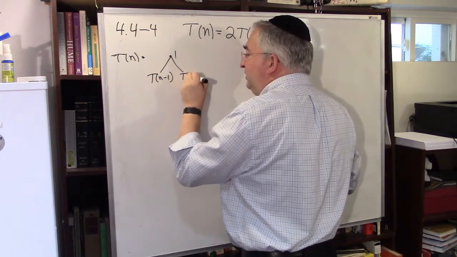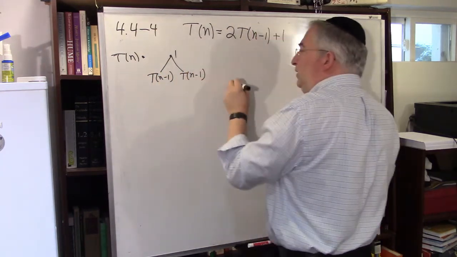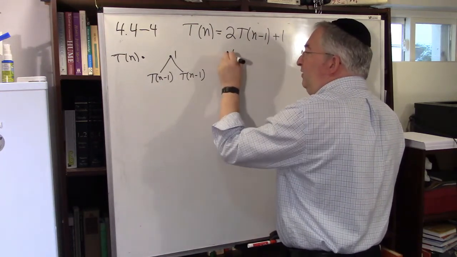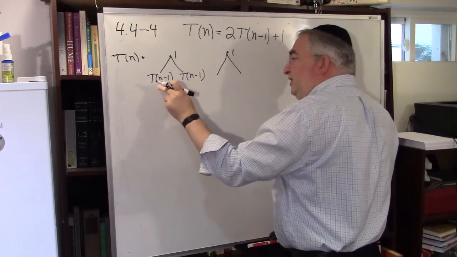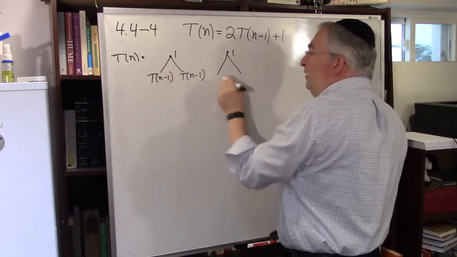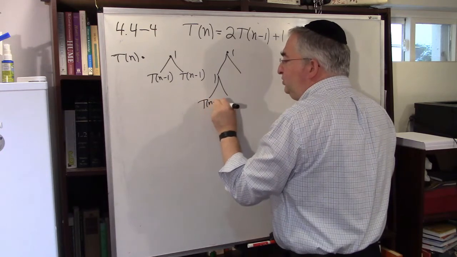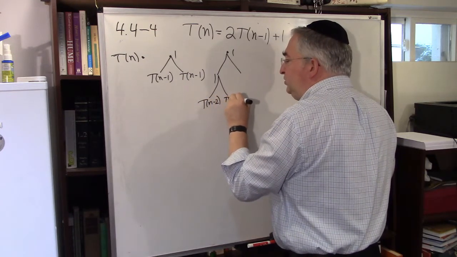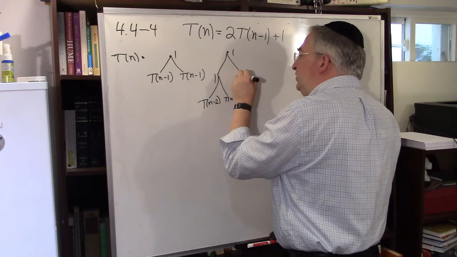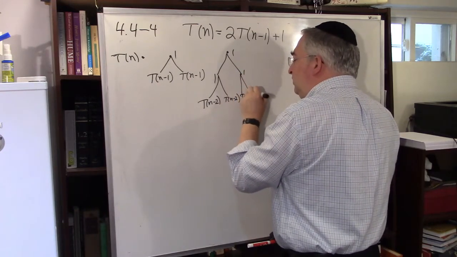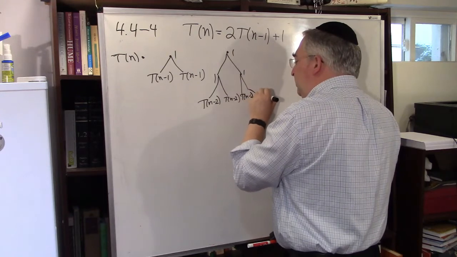Next, you're going to have a 1 over there, and you're going to have 2 children. This becomes 1 with 2 children, T of n minus 2. This is again a 1 with 2 children, T of n minus 2.